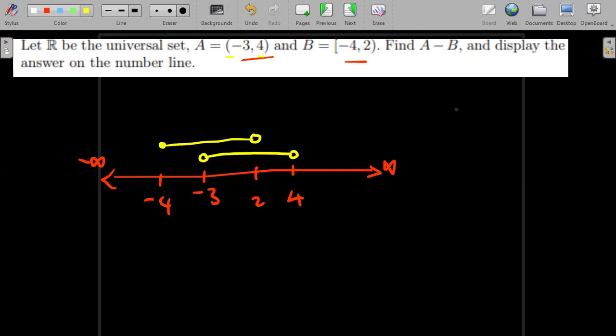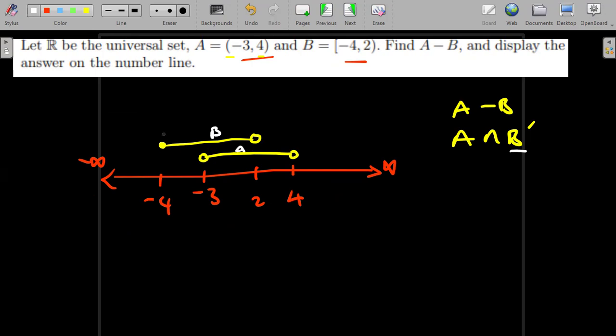Then they're telling us to find A minus B, the difference of A and B, which is just the same as A intersect B complement. So now you can indicate your complement here. Let us sketch our B complement, anything that is not in the set B itself. So this is our set B, that's our set A. So anything that is not in the set B but lies in the universal set.